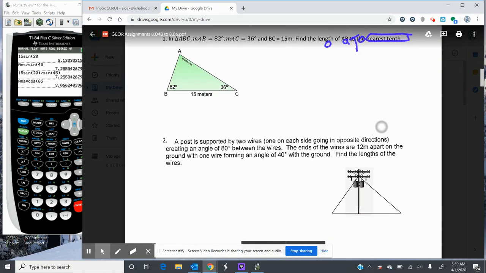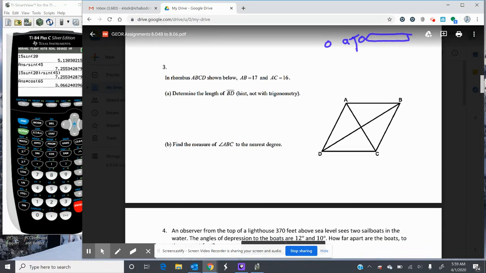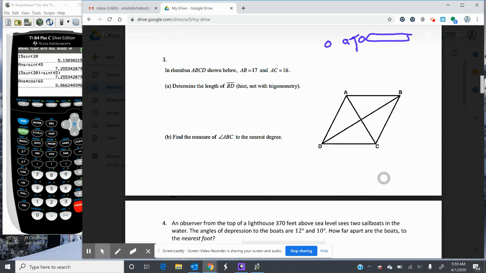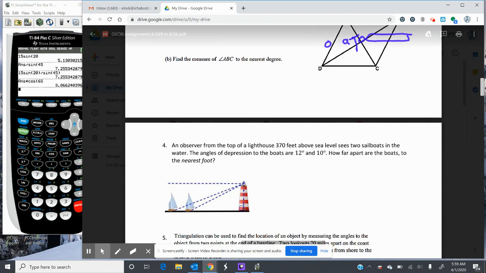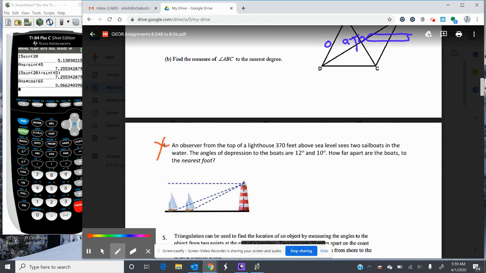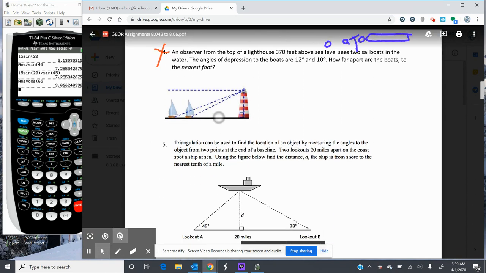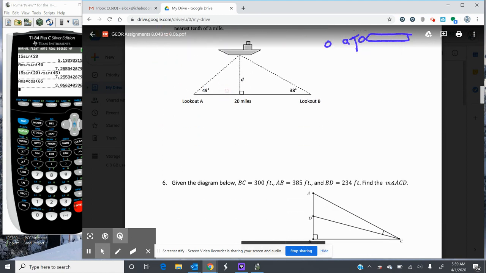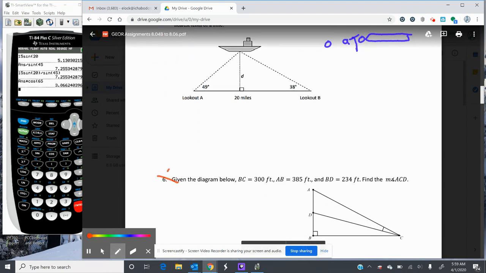So I want you to do 1, 2, 3 here. I'm not going to have you do question 4, 5, or 6 quite yet. We'll come back to it at some point, but not right now.